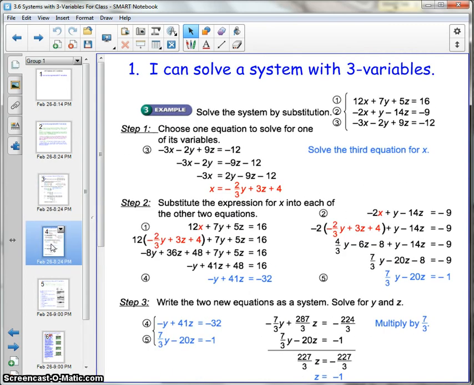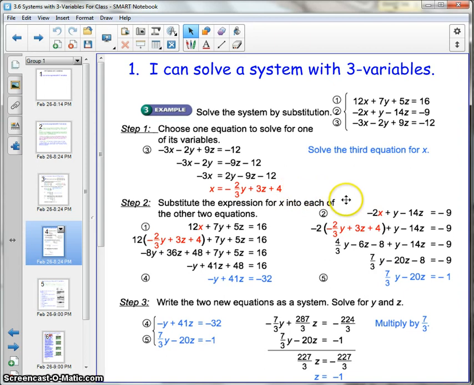Now let's look at how we would use substitution. We start with three equations again, 1, 2, and 3, and they each have variables x, y, and z in them. For step 1, we want to choose one equation and solve for one of the variables. In this case, we're going to choose the third equation and solve for x, which we have here in red.